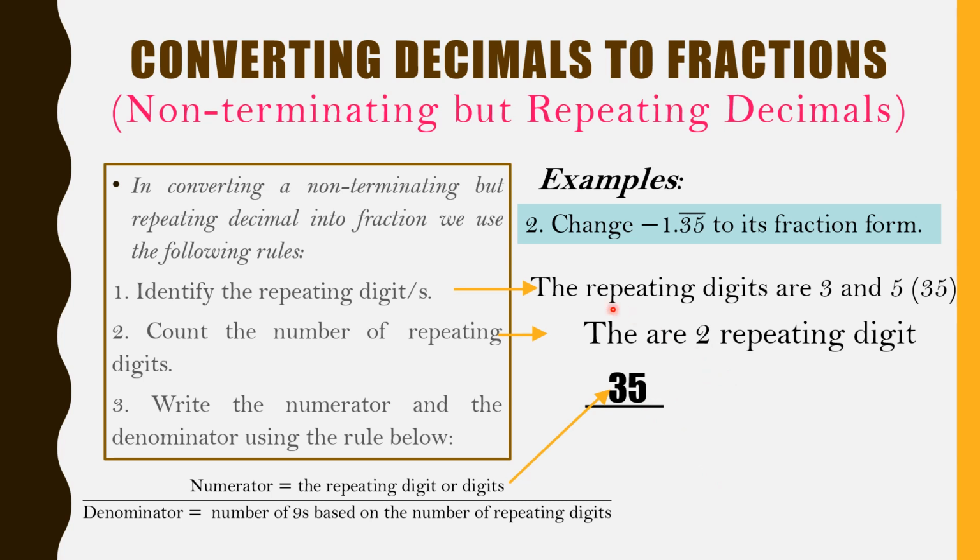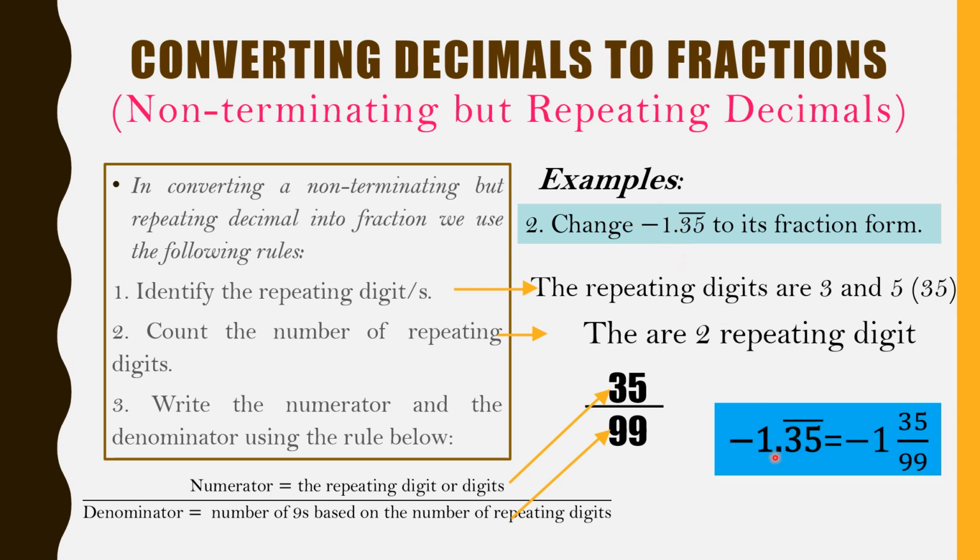So we express 35 with a bar on top as 35 over 99. And we include our whole number here, negative 1. So we have negative 1.3535 and so on as negative 1 and 35 over 99 as its fractional form. When we write our final answer, we don't forget to include the whole number as well as the sign of the given.